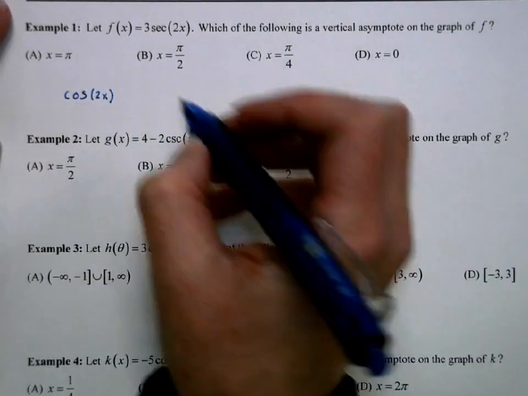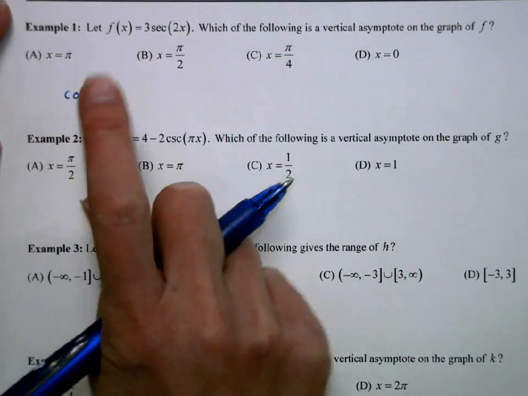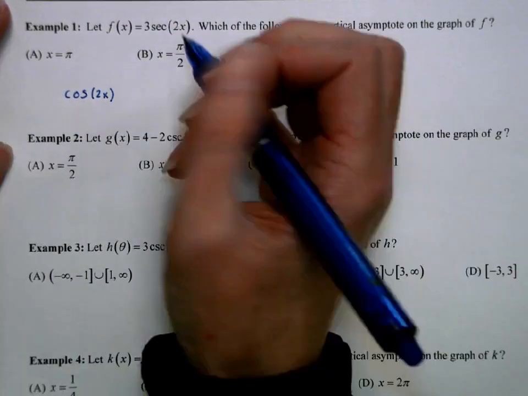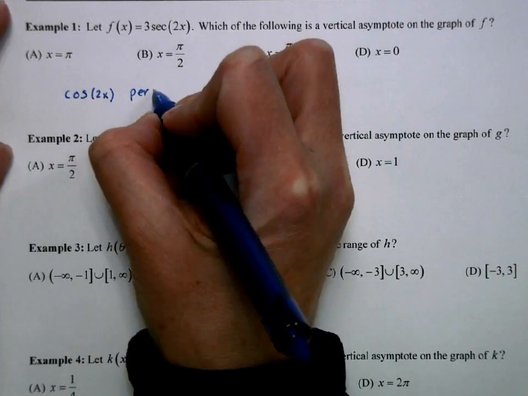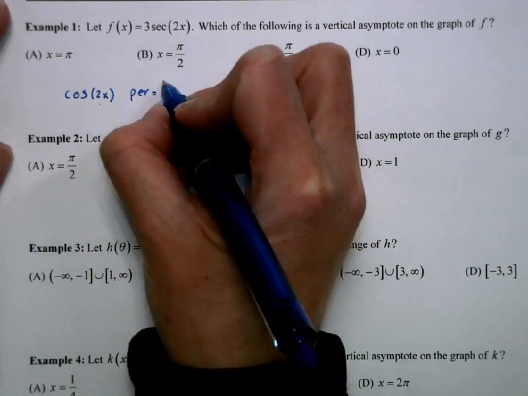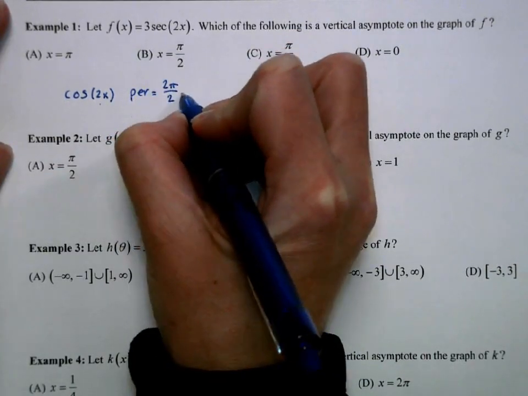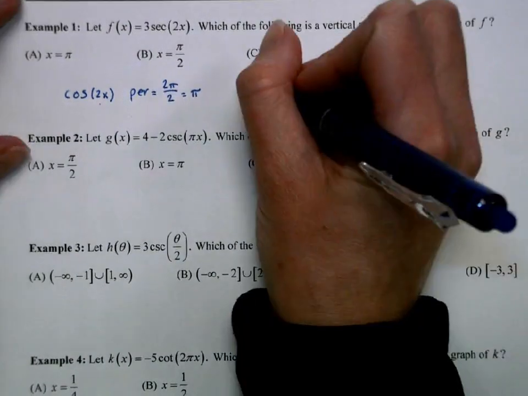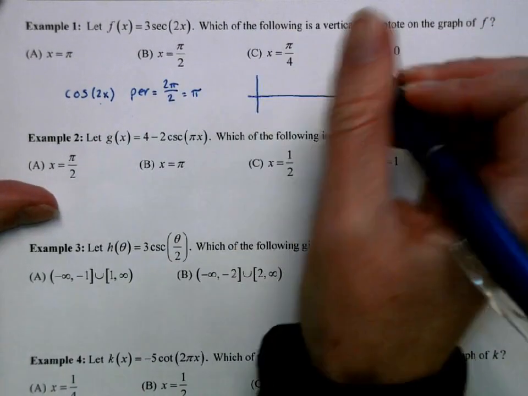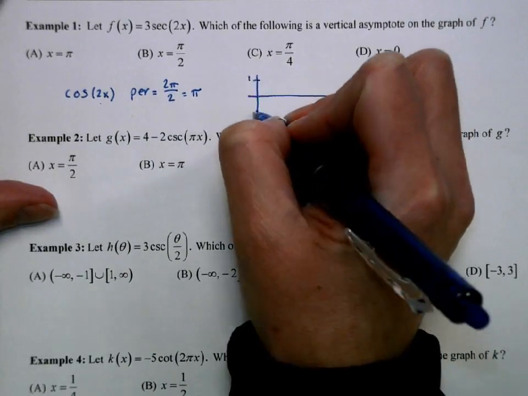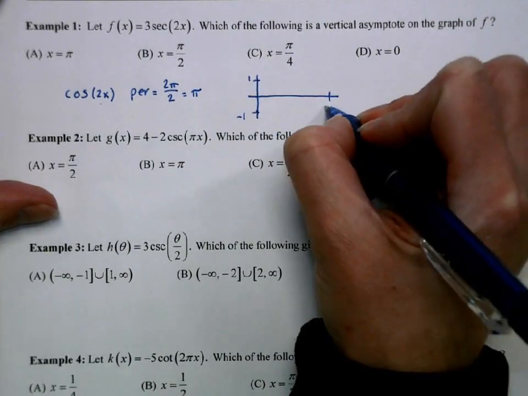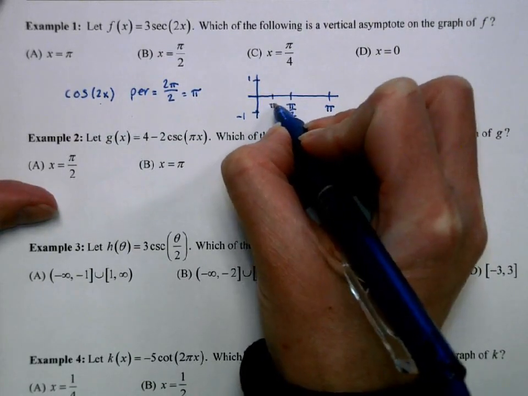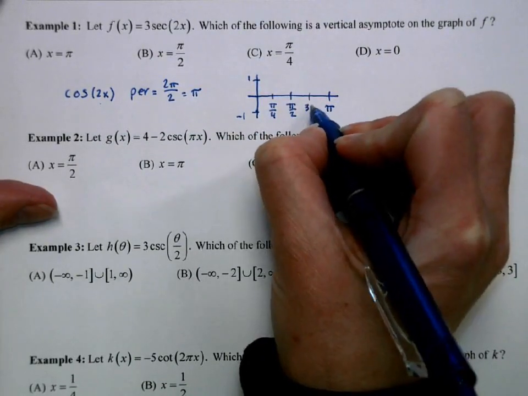So when cosine 2x is 0, this is going to be undefined, and we're going to have a vertical asymptote. So what I'm going to do is graph this. The period of this is going to be 2 pi divided by 2, which is pi. So I've got pi, and I'm going to divide that up: pi over 2, pi over 4, 3 pi over 4.